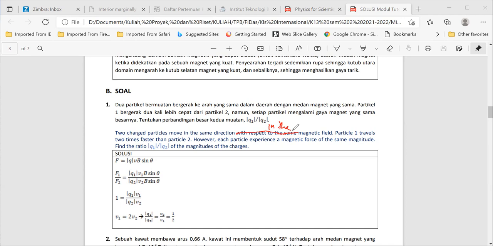Okay. So you will get that this... Find the ratio of Q1 over Q2. Okay.